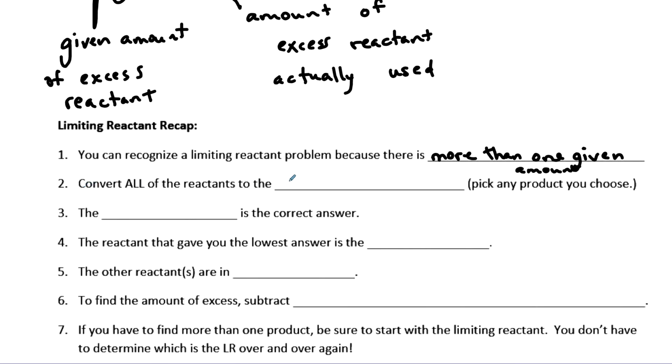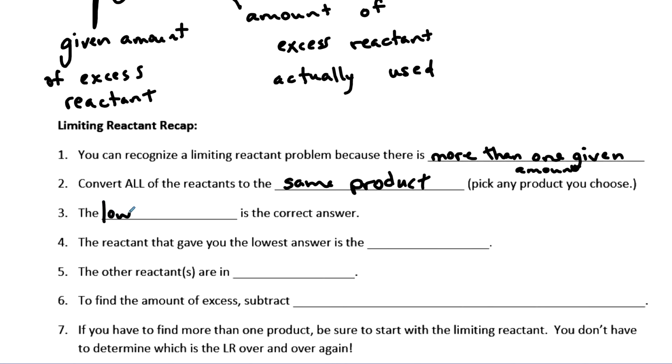You're going to convert all the reactants to the same product. You can pick any one you like, but try to pick the one that's going to require the least amount of work for you. So look ahead in the question and see if it's asking you about one particular product. You might as well choose that one. But you wouldn't be wrong if you chose the other one. Just try to create less work for yourself.